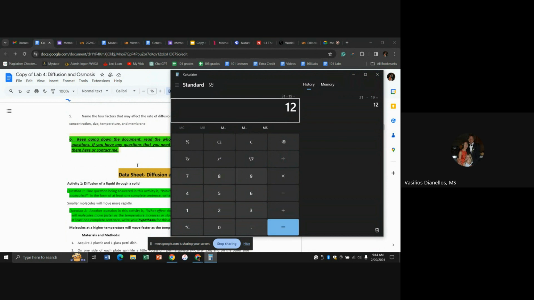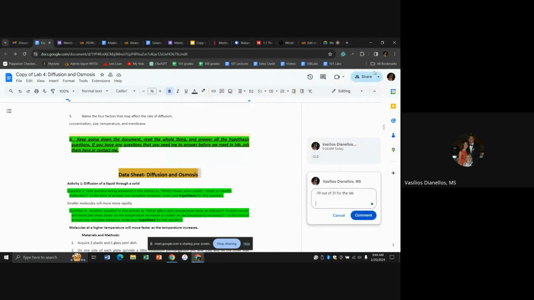That means you got 12 out of 31 correct. So 12 divided by 31, that's the percentage, about 39%. Multiply that by the total points possible, which is 15, and you get 5.81. 5.81 out of 15. Reply to this comment if you make corrections.